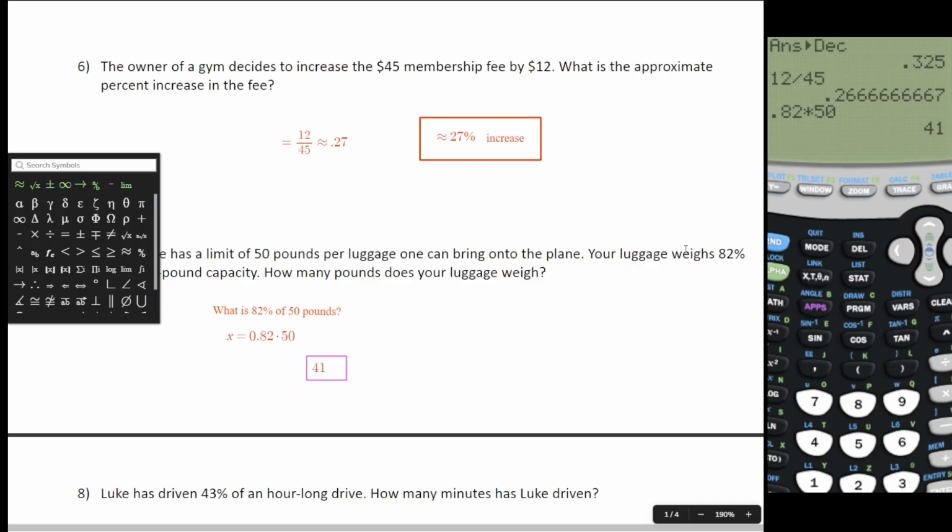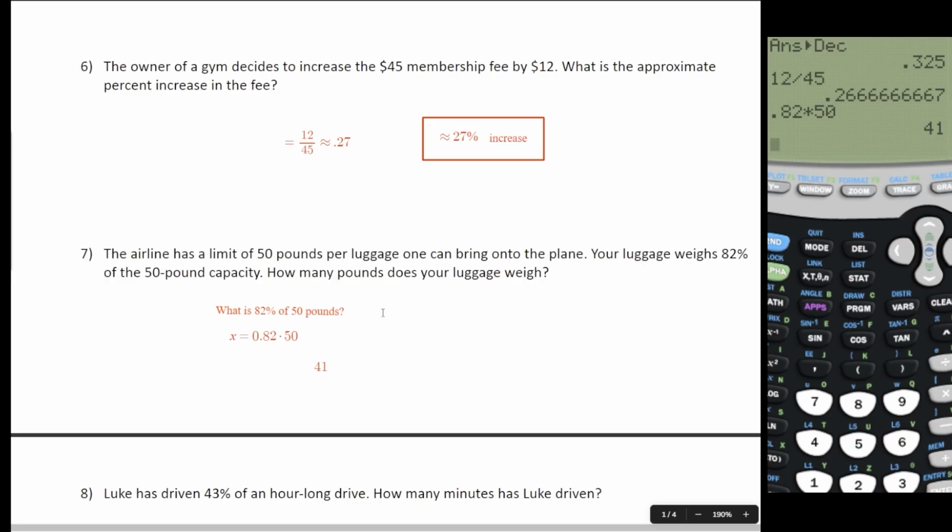So 41 is 82% of 50. All right, so let's make sure we're actually answering the question here. It says, how many pounds does your luggage weigh? So I would say something like, my luggage weighs 41 pounds.